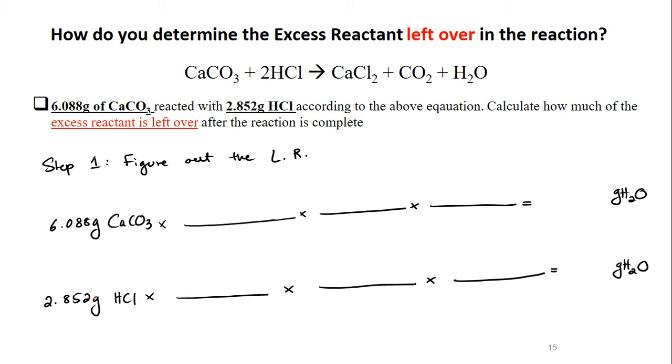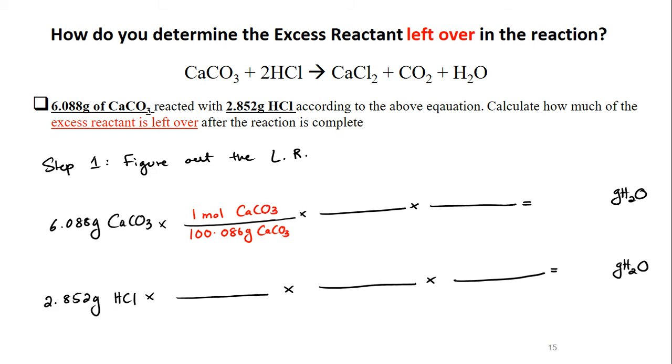So we know, like any limiting reactant problem, the first conversion factor is going to be molar mass. So the molar mass of calcium carbonate, I already calculated it, is 100.086 grams of calcium carbonate. And since it's molar mass, the number that goes on the top is going to be 1 mole of calcium carbonate. Remember, molar mass is always for 1 mole.